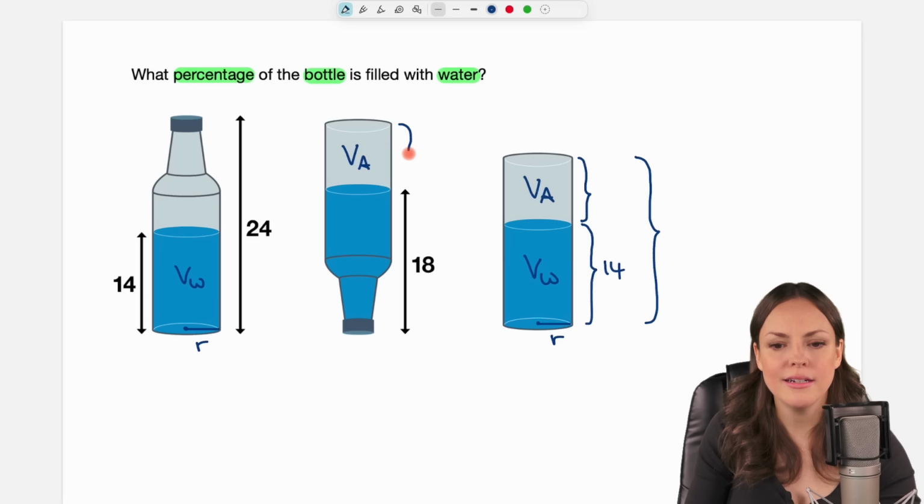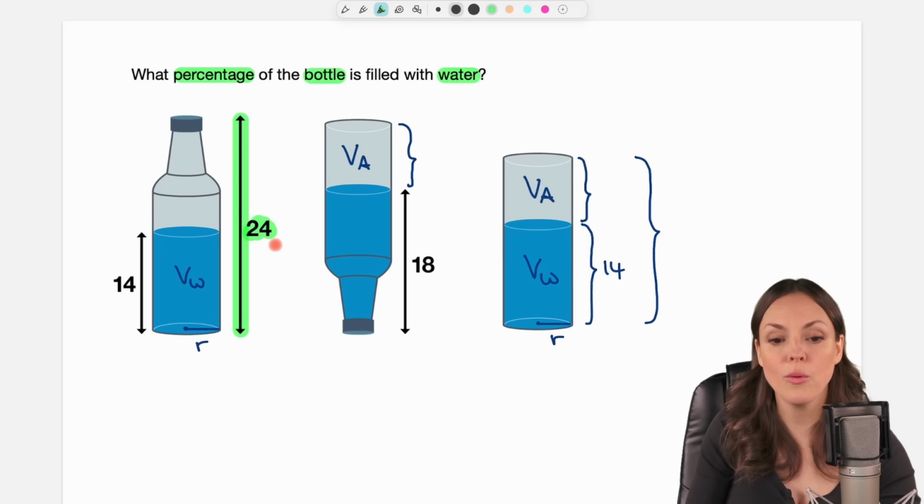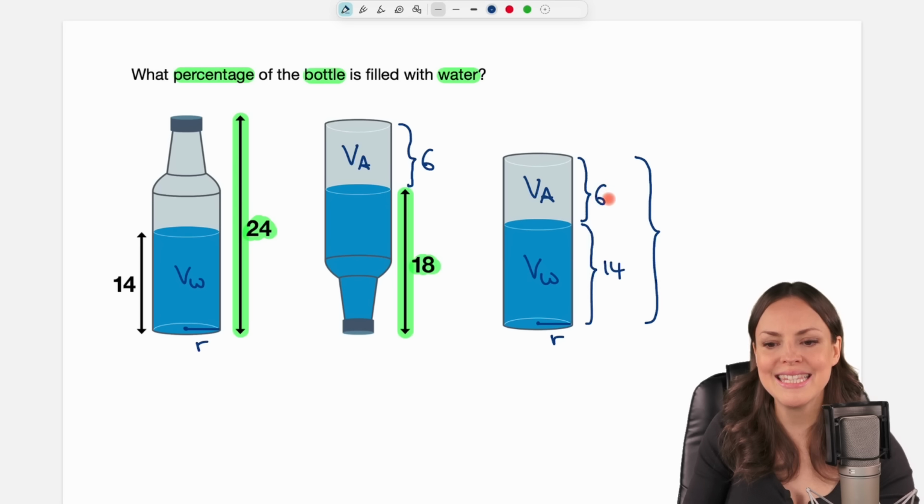I have it here again, and we know that the height of the entire bottle was given by 24, and this height was given by 18. So from 18 up to 24, it is 6. So the height of the air cylinder is 6, and both of them together are 20 for the height of my new bottle creation, this big cylinder.